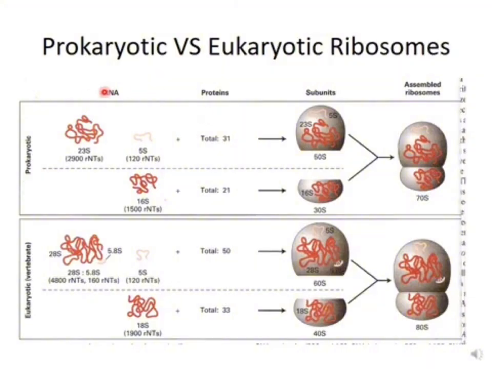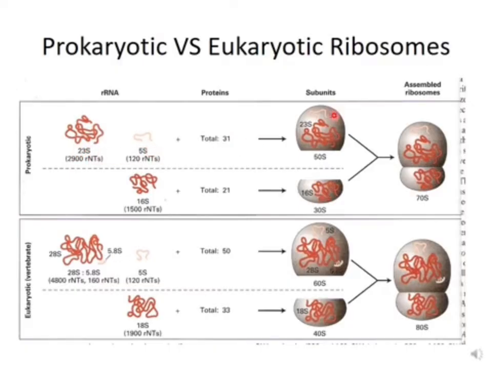These subunits are made from RNAs, more specifically ribosomal RNA. We mentioned there is an rRNA, or ribosomal RNA, that makes up most of the structure of a ribosome. There's the 23S rRNA with the 5S rRNA.